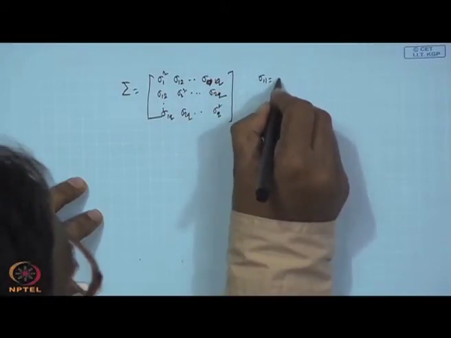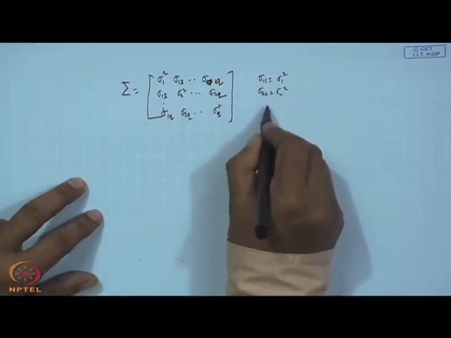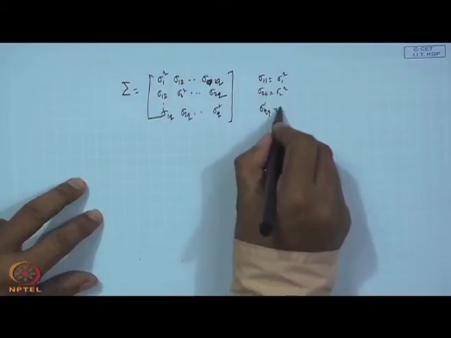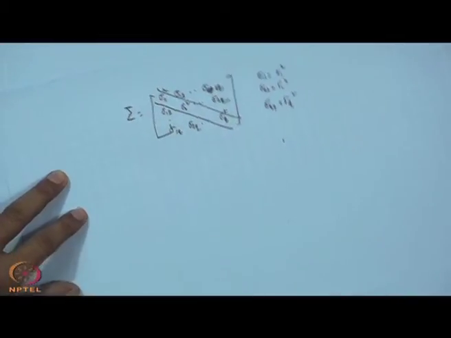Actually, sigma 1 1 is sigma 1 square, sigma 2 2 is sigma 2 square, like this sigma q q is sigma q square. This is the variance part.